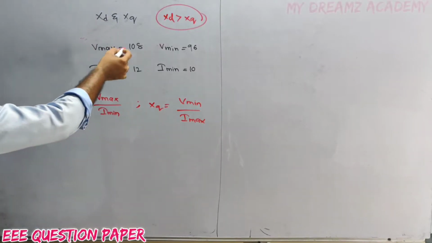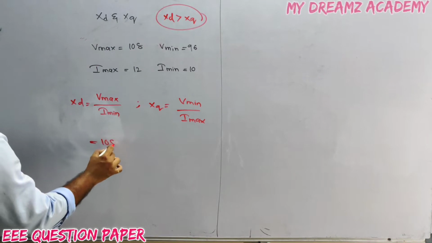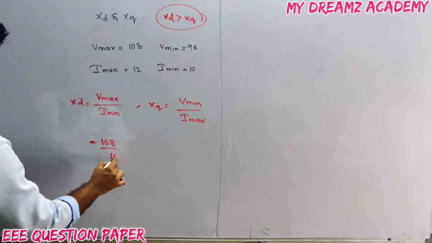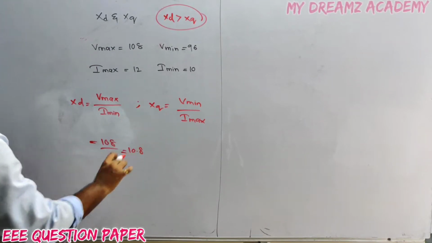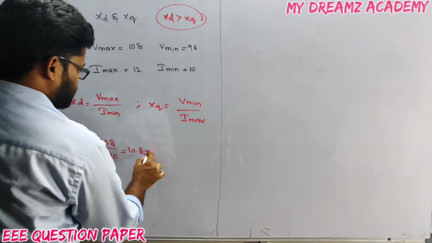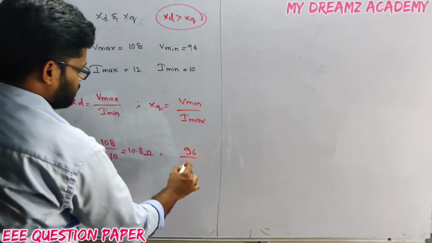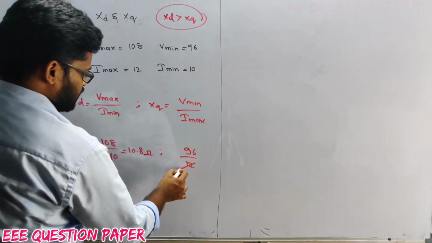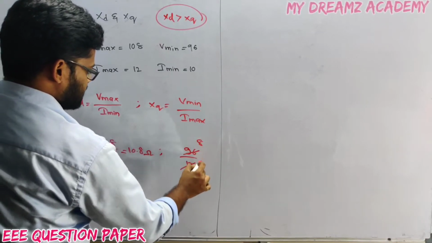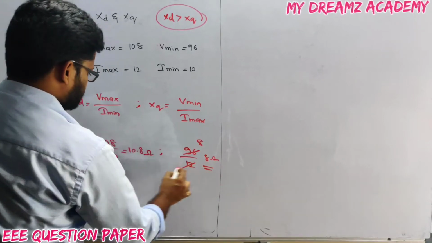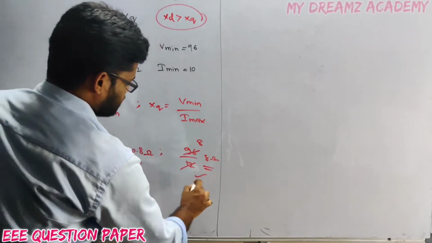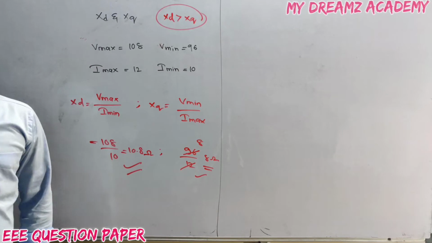So V maximum is 108 divided by 10, 10.8. XQ value, V minimum, that is 96 divided by 12. So 12 8s are 96, 8 ohms. 10.8 and 8 ohms for the question number 32.